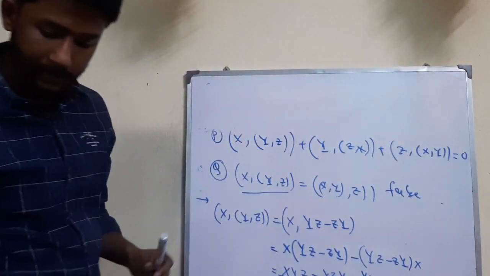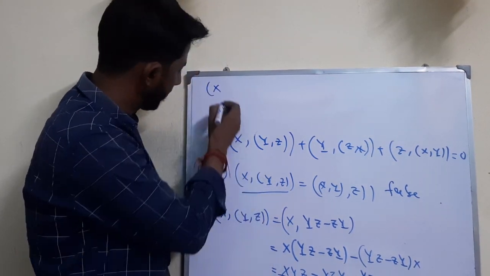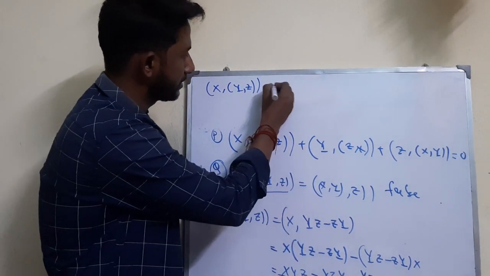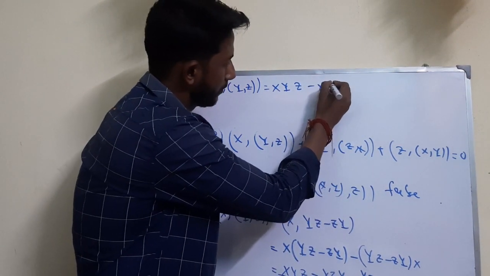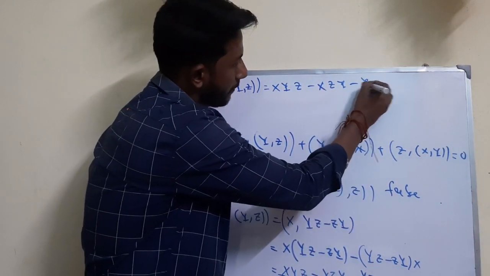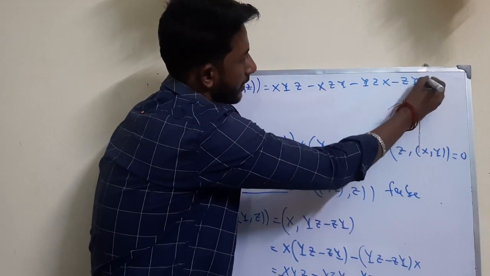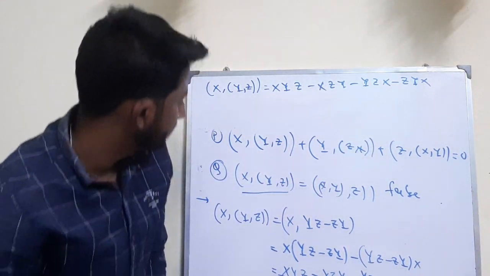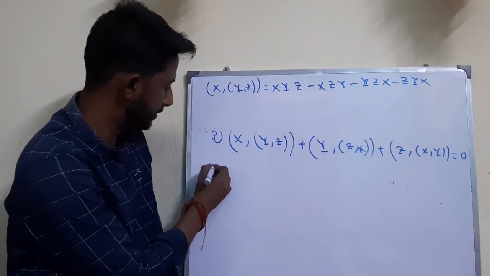Now observe what we did: we found that bracket of x, bracket of yz is equal to xyz minus xzy minus yzx plus zyx.